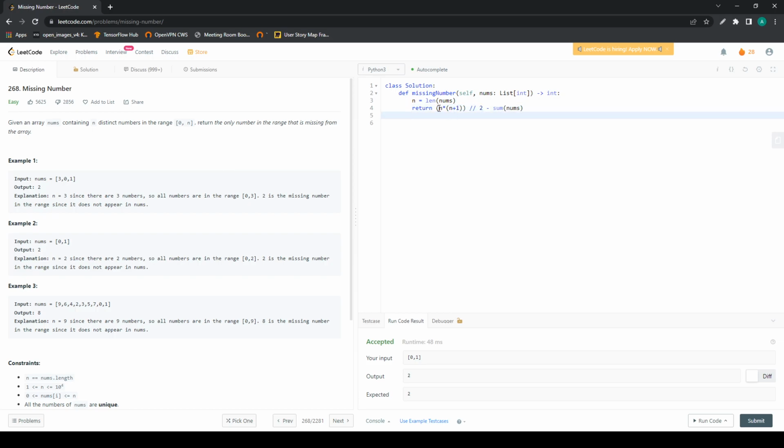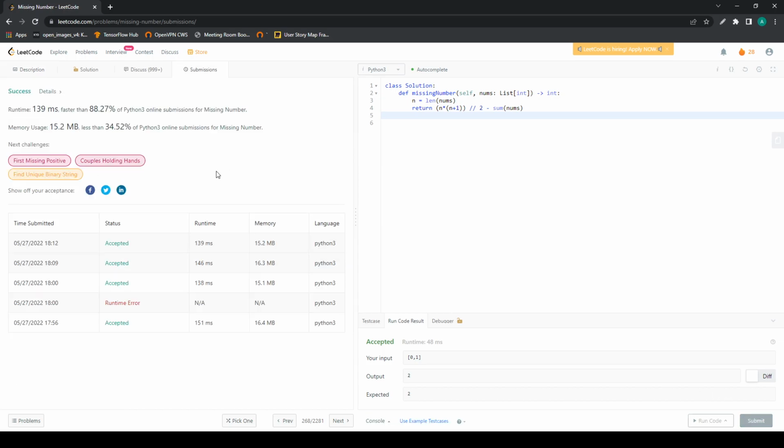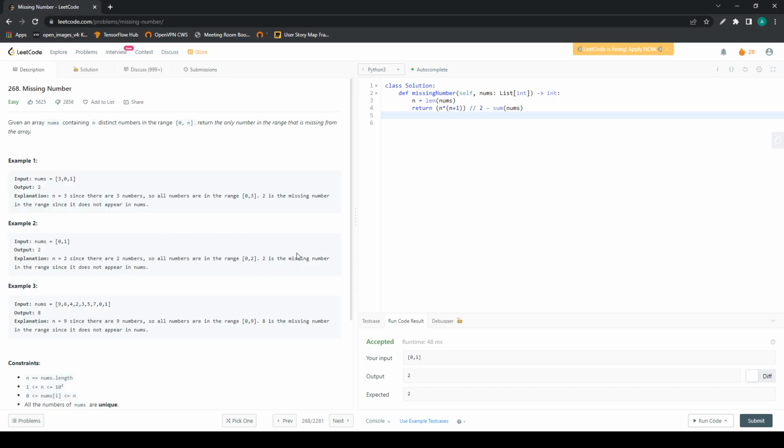So we can compute this in O(1), and we are iterating through the array only once, so in O(n). If I submit that, there we go. So it did run faster. So that was everything for today's challenge. It was a relatively easy problem, but we saw 3 different ways of solving it.